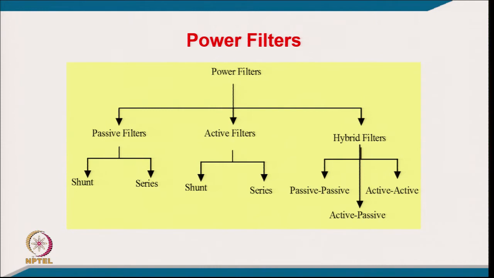This is the broad classification of power filters used for mitigating power quality problems in the distribution system, or even a part of the transmission system like HVDC or other converters, where you have power quality problems caused by harmonics generated by the different converters and nonlinear loads.